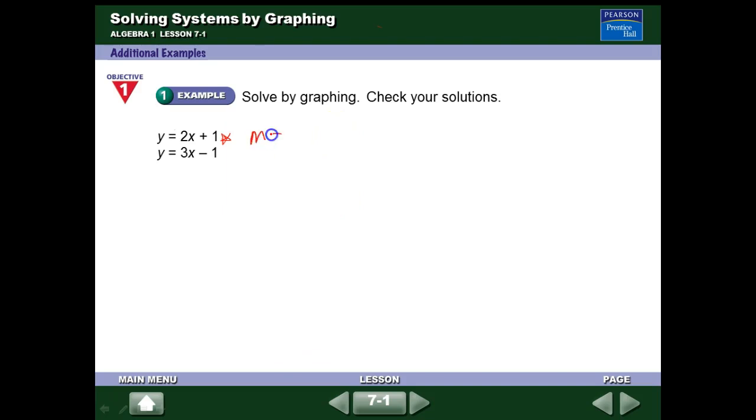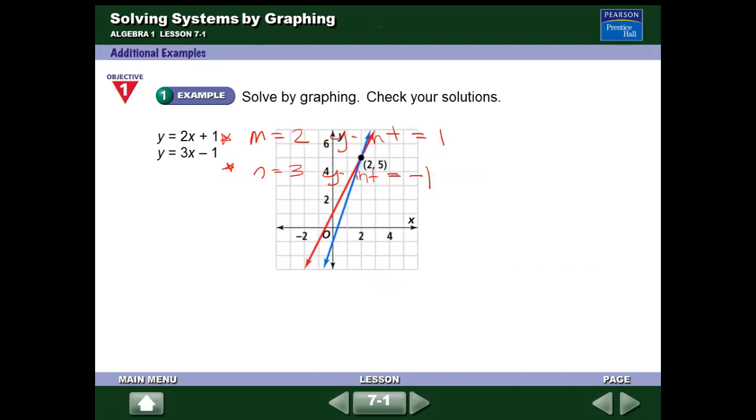We know m is going to equal 2, and my y-intercept equals 1. So we could graph this just based on this information here. So let's take a look at our next equation, 3x minus 1. M for this one is going to equal 3, and my y-intercept equals negative 1. So take that info and let's graph them.